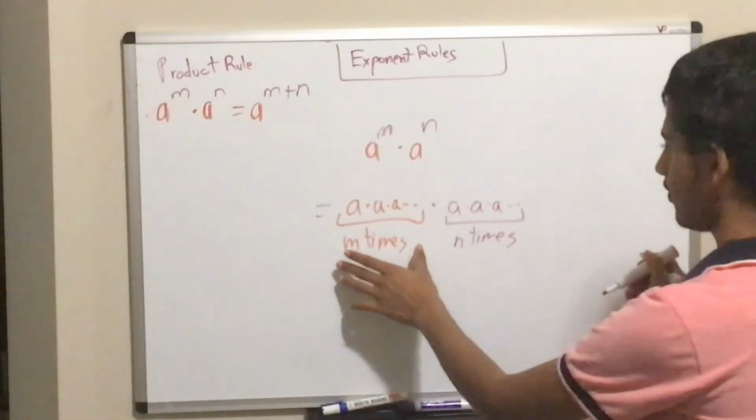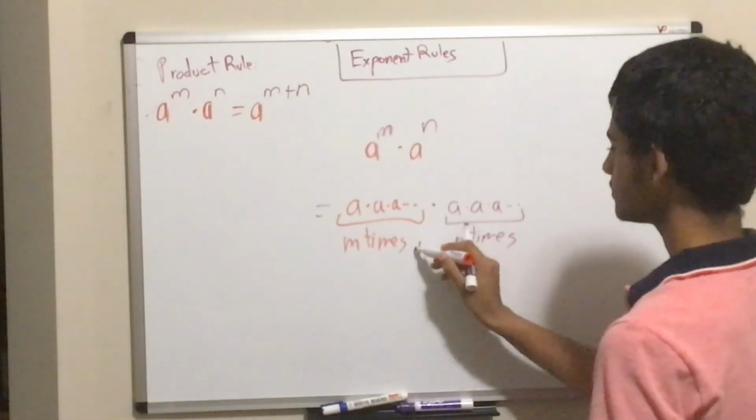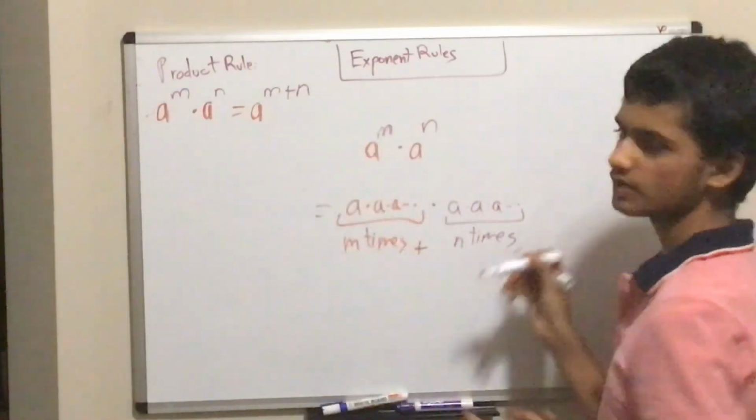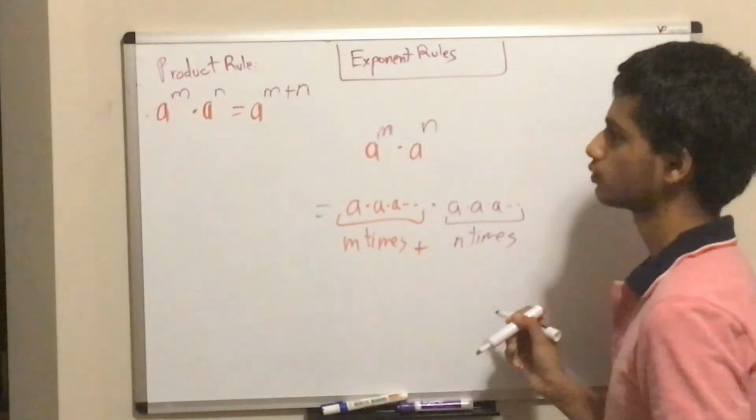And we see here that the total number of a's is simply m plus n. And that's exactly what the exponent over here is. And that's exactly why the product rule works.